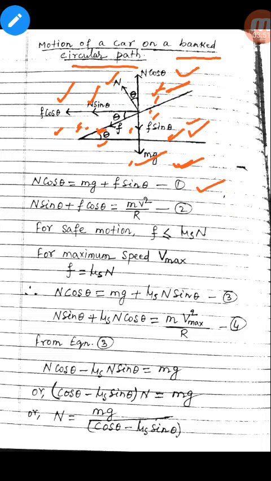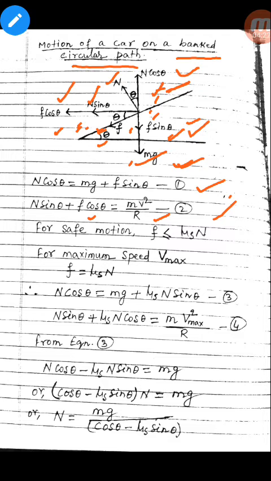This provides the centripetal force, which is mv square by r. So N sin theta plus F cos theta is equal to mv square by r. So we got two equations.